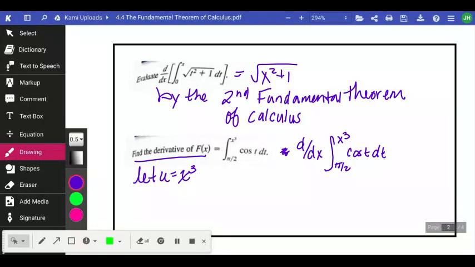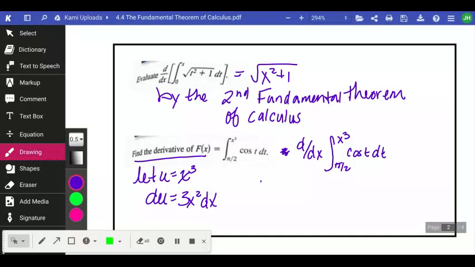So what I can do is let's do the differential of u. If you remember, we did that last chapter. The differential of u is 3x squared dx. Remember doing that? So we did the derivative, but instead of doing du over dx, we multiply the other side. That's really important. So now we're going to start plugging things in.